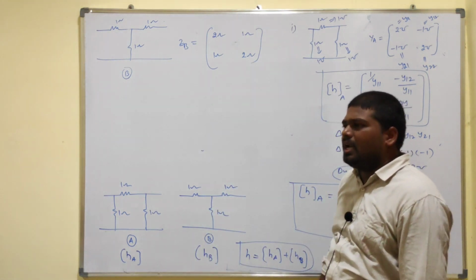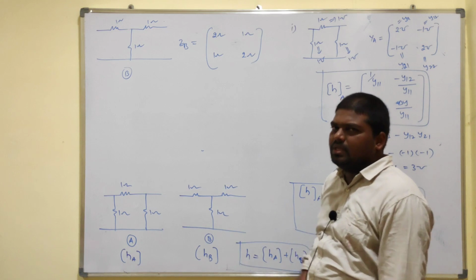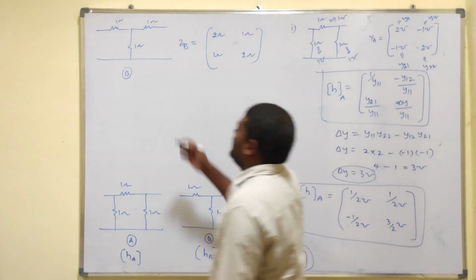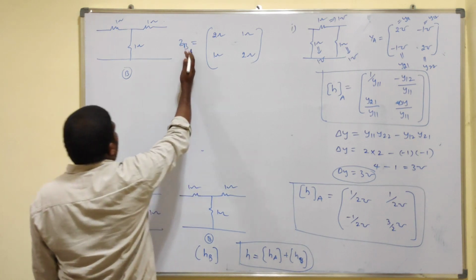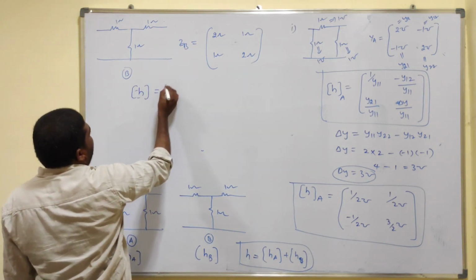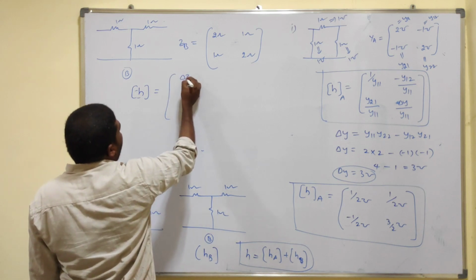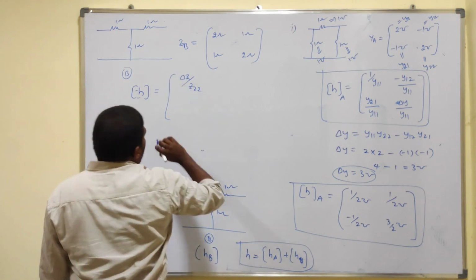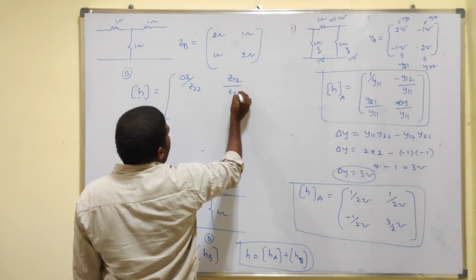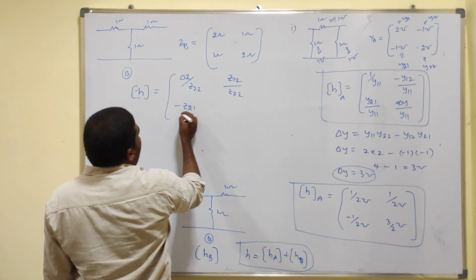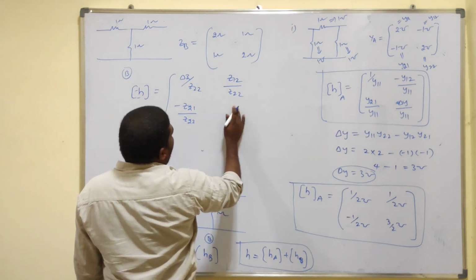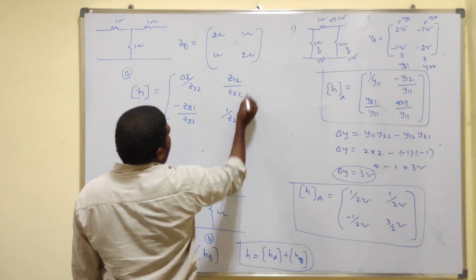So, H to Z conversion. That means H parameters in terms of Z matrices. That means Z parameters should be converted to H matrices. The relationship between H and Z parameters is: H matrix equals delta Z by Z22, Z12 by Z22, minus Z21 by Z22, and 1 by Z22.